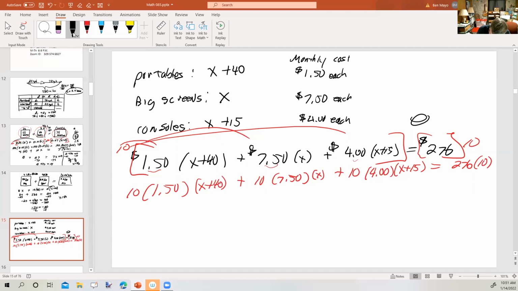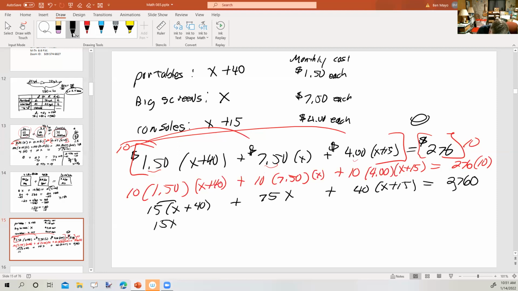So 10 times 1.50 is 15, and that's times x plus 40, plus 10 times 7.50 is 75 times x, plus 10 times 4.00 is 40 times x plus 15 equals 2760.